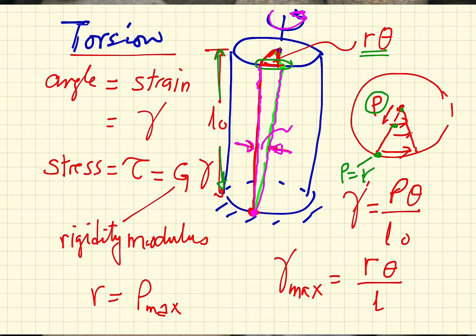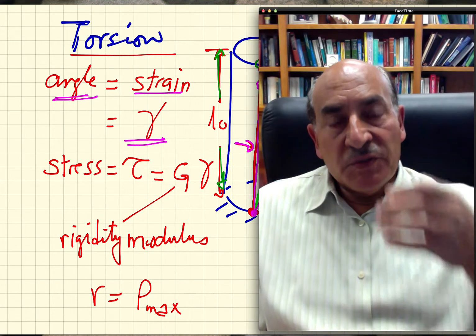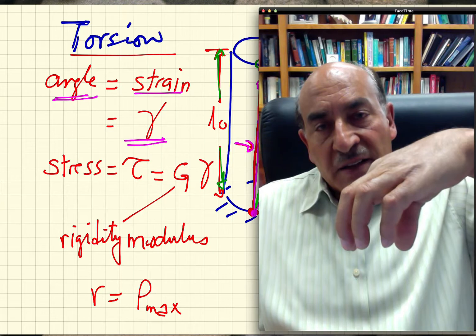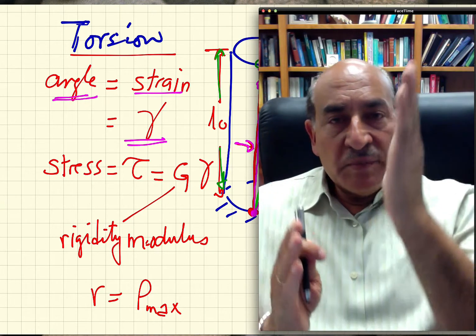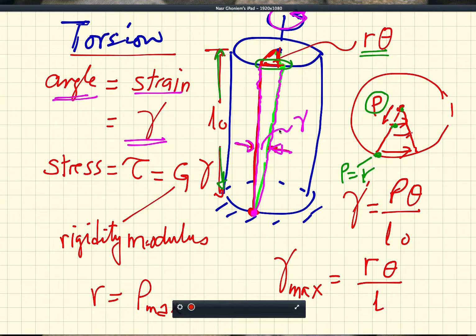So this angle gamma in radians is equal to the strain. So you have to realize now that we have two angles. One from the top is called the twist angle theta, and one from the side, this angle here, gamma, that describes the shearing motion, and this angle is the shear strain.